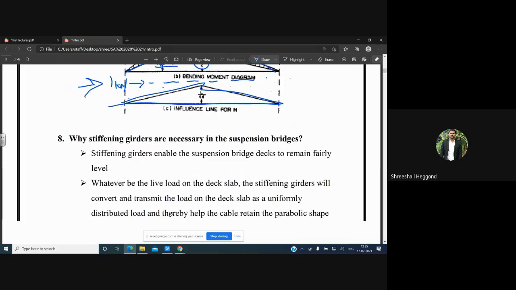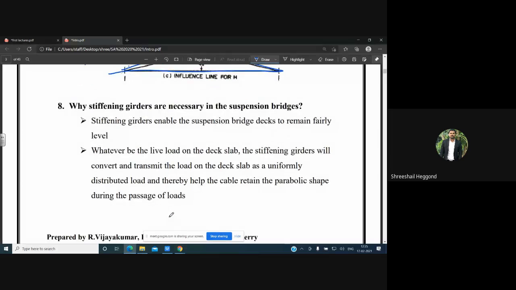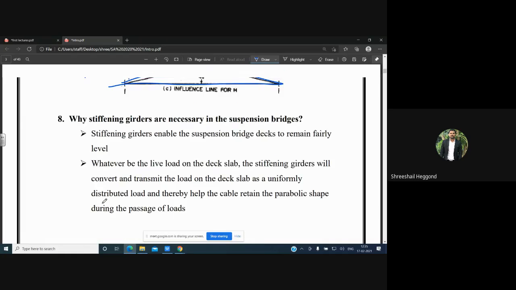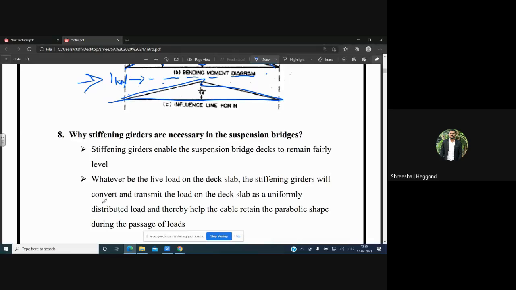What is the necessity in the suspension bridge to have the stiffening girders? The stiffening girders resist the end moments. That can be written as: the stiffening girder enables the suspension bridge deck to remain fairly level.